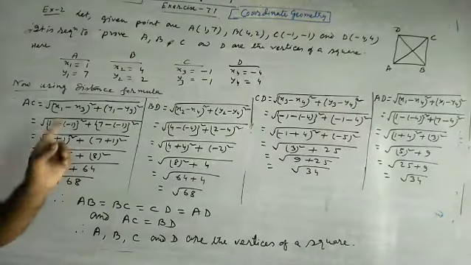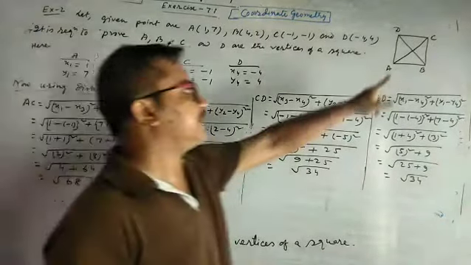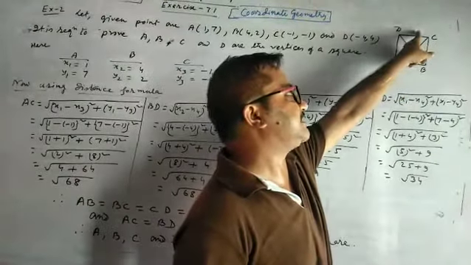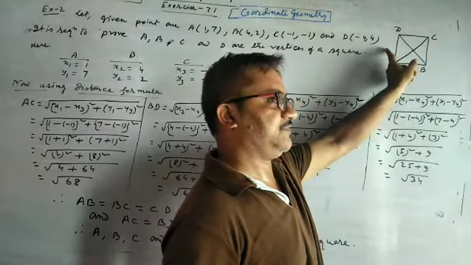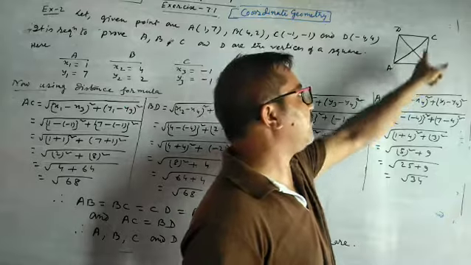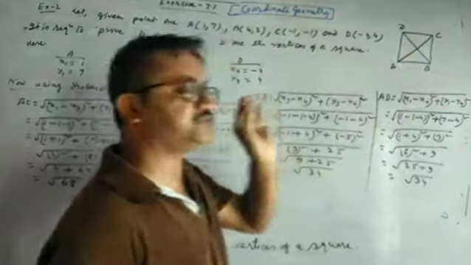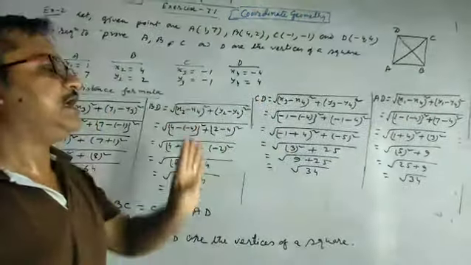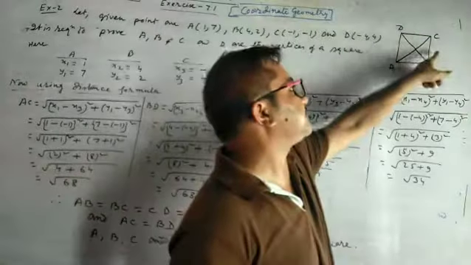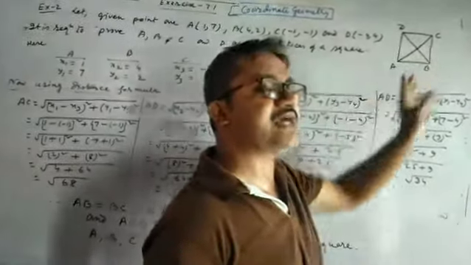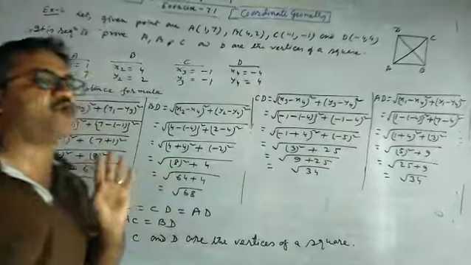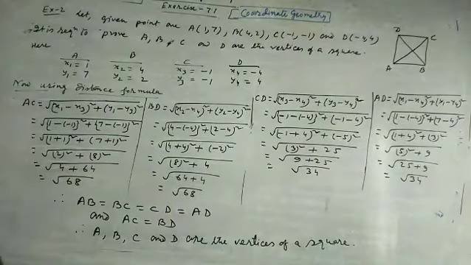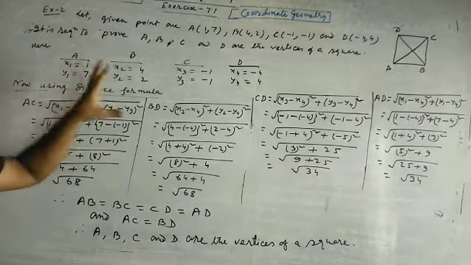If opposite sides are equal, that is AB equals CD, BC equals AD, and the two diagonals are equal, then it forms a rectangle. Again, if opposite sides are equal but diagonals are not equal, then it forms a parallelogram.